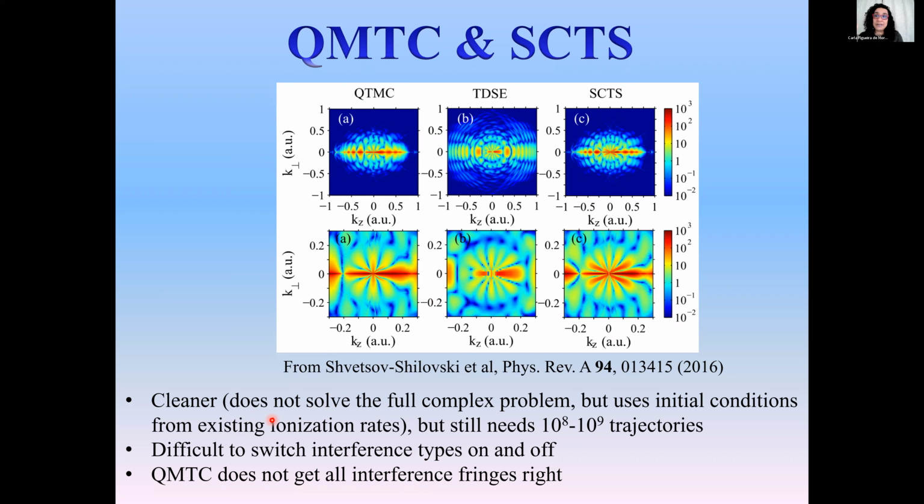So they just put some ionization rates, they consider conditions from the SFA. So they were putting them by hand to make it cleaner. And they did get cleaner, but they were again doing this forward trajectory propagation. And you see that the SCTS is slightly better than QTMC, because there were some phases here that they were not taking into consideration.